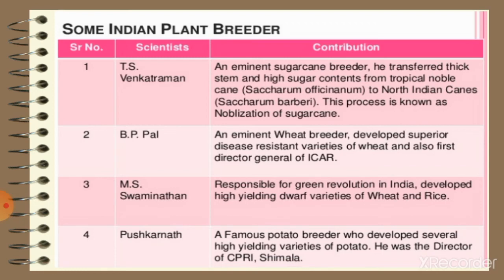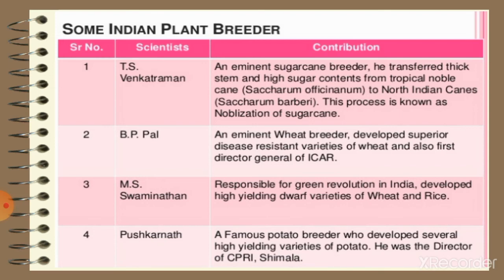The second important scientist is B.P. Pal. He was an eminent breeder known for his contribution in the breeding of superior disease-resistant NP varieties of wheat. He was the first Director General of ICAR. Third one is M.S. Swaminathan.